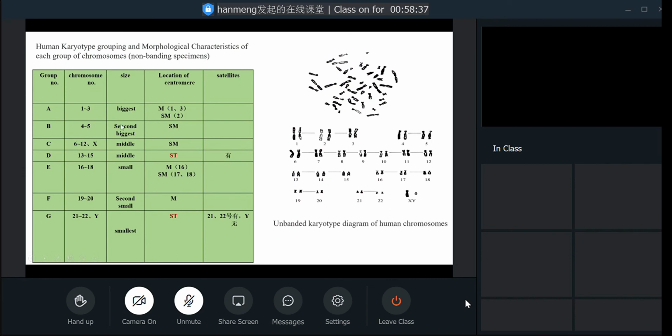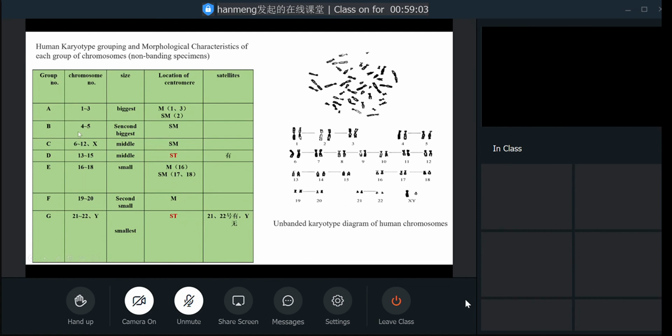This table shows the human karyotype grouping and morphological characteristics of each group of chromosomes. The groups are A, B, C, D, E, F, G. The A group contains chromosomes 1, 2, 3.